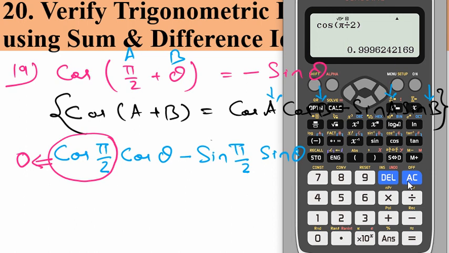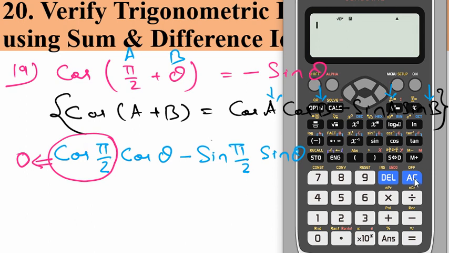Now if I want to find cos pi over 2, first I will need to change the angle unit from degree to radian. Now I can apply cos shift pi over 2, and that will give you 0, because pi is in radian.